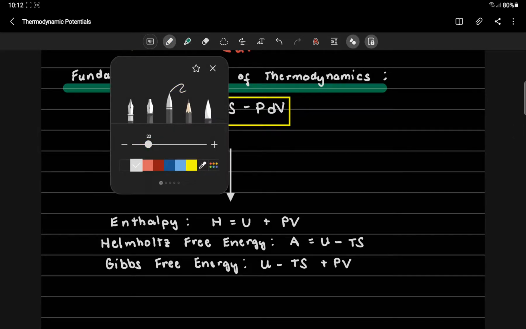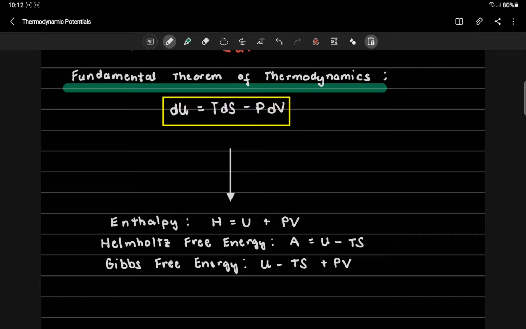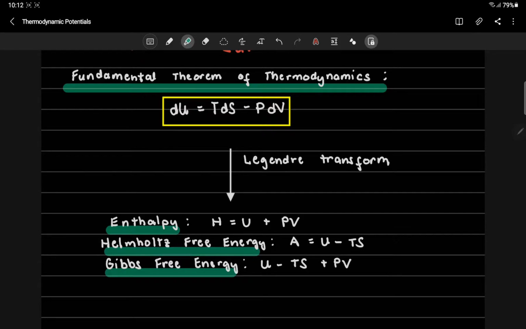And with the help of a mathematical transformation, which we call Legendre transform, we were able to develop three more equations, namely the equation or the definition for enthalpy, for Helmholtz free energy, and for Gibbs free energy.